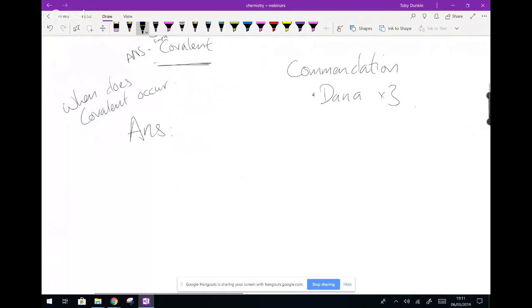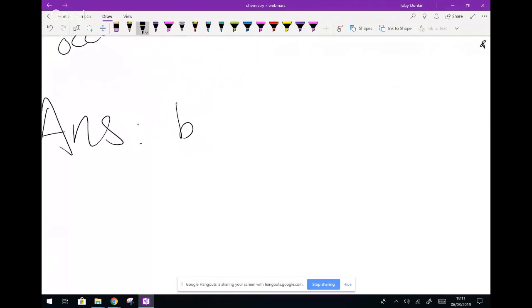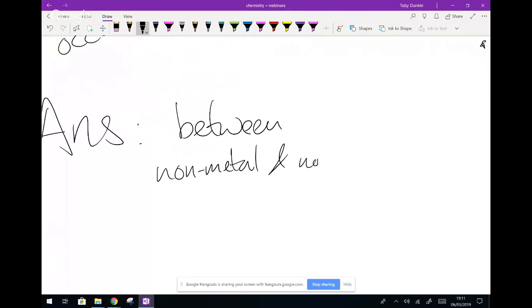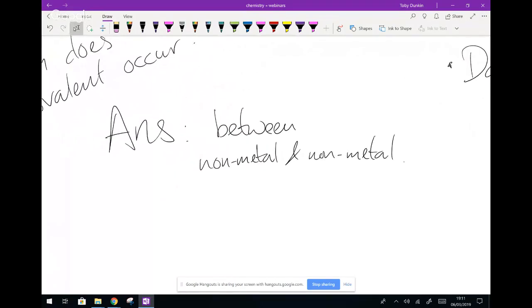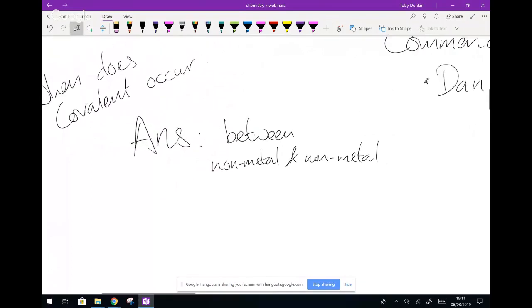Donna makes an appearance, gaining her 3 commendations. That's excellent. So the answer is between 2 non-metals. Between non-metal and non-metal. So these guys do covalent bonding. When there is attraction between shared electrons and the nuclei of 2 atoms.